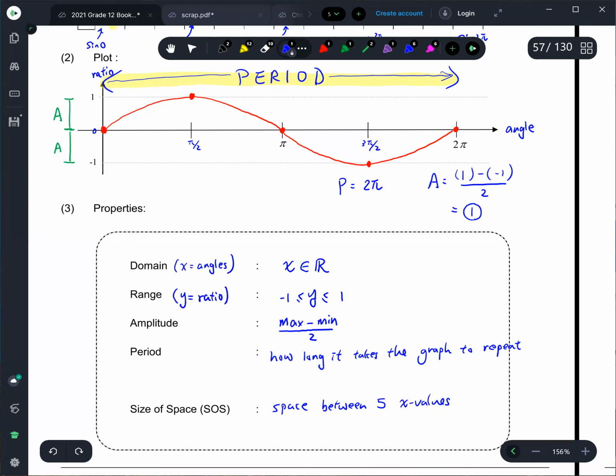Okay, the x values that are important. So it's talking about this part. I'll use the green. From here to here, that's a period. No, sorry, that's the size of space. Okay.